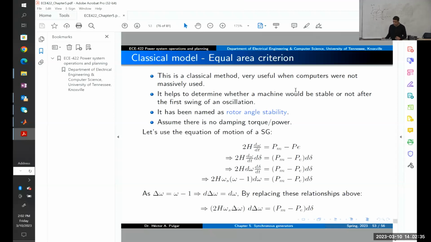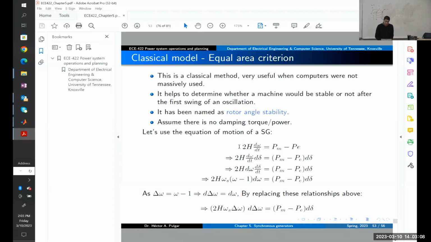Okay, so we look at the equation, and because we're using the classical model, we're assuming that the mechanical power is fixed, and the electrical power, when you don't have losses, is given by a sinusoidal function: sine of the angle, multiplied by some maximum power, will give you the electrical power out of the machine.